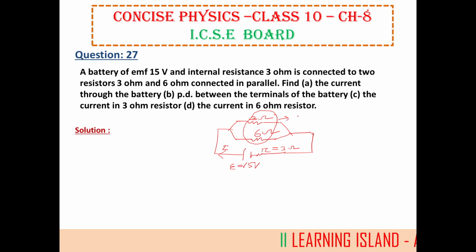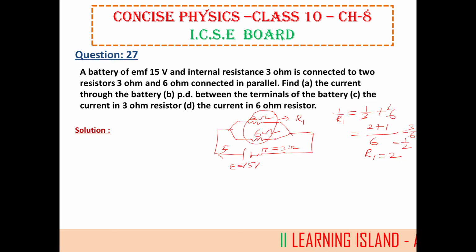Let their equivalent resistance be R1. So 1 by R1 equals 1 by 3 plus 1 by 6, that is 2 plus 1 upon 6, that is 3 upon 6, finally 1 by 2. So R1 is 2.